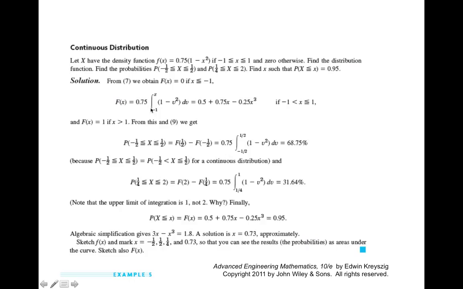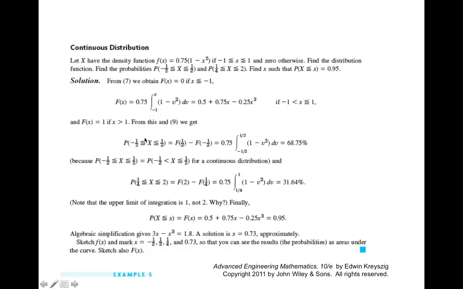So the lower limit of our integration will start at -1, and then it'll run up to the variable x. So we now integrate our density function, and we come up with this result. Notice our distribution function is just the integral of our density function, and that's only applicable if x lies between -1 and 1. If x is greater than 1, then the probability is equal to 1.